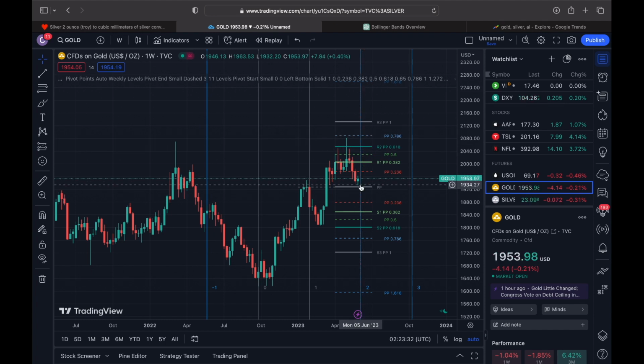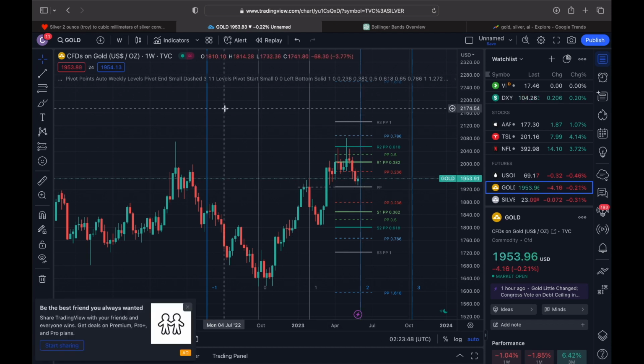Just my opinion. But it looks like there is some strength here at 1950, the area here, there. All right, so let's take a look at another indicator.